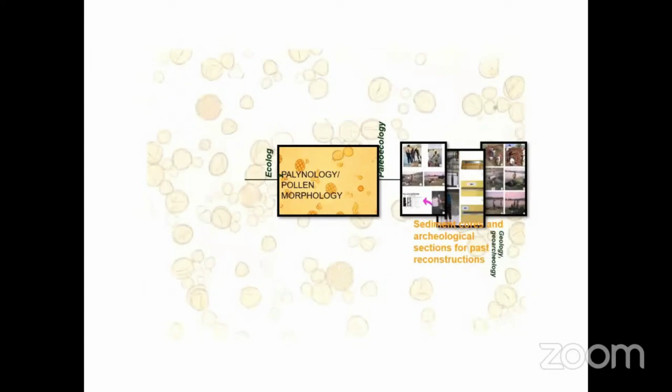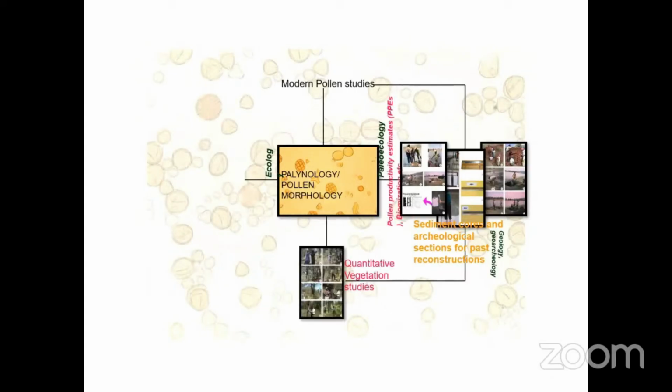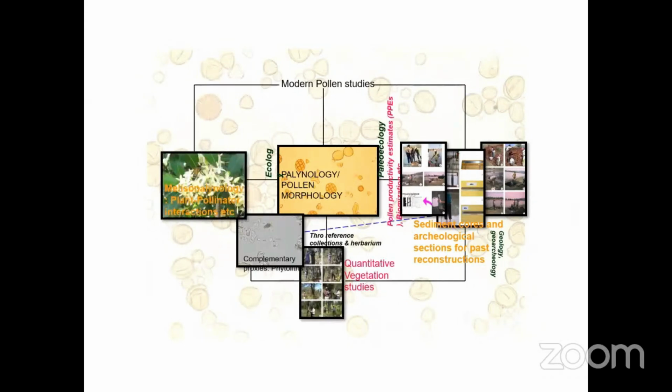So we use palynology as the central tool. We link with people doing geology and geochronology and archaeology, of course, but we also link with modern ecology, because recently we have also started looking at pollen loads from bees and how you can get the foraging preferences of these very important creatures.